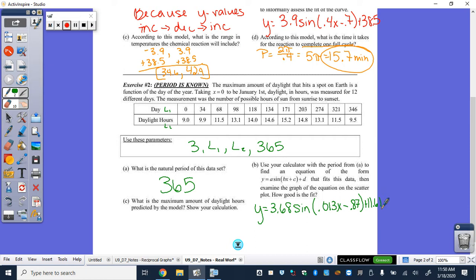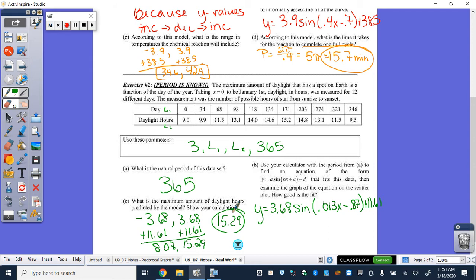So, what is the maximum number of daylight hours predicted? So I got to find my max and my min, just like I normally would. So 15.29 would be my maximum daylight hours based on this period.